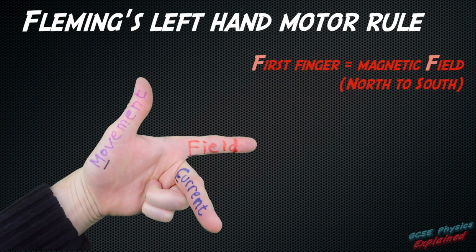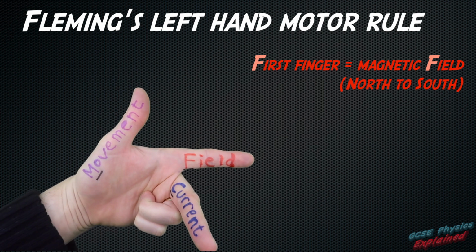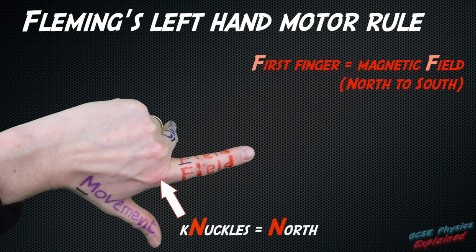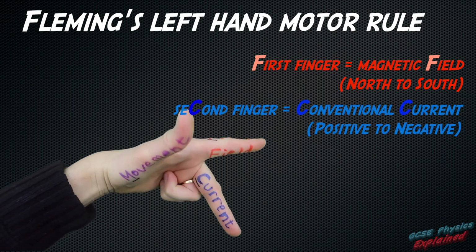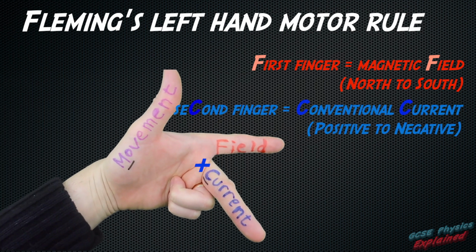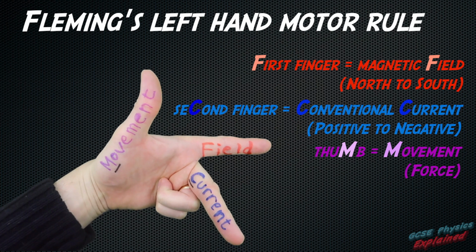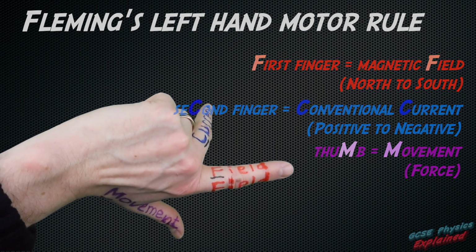Your first finger represents the magnetic field flowing from north to south. Knuckles are north, fingertips south. Your second finger represents the conventional current flowing from positive to negative. And your thumb represents the movement of the wire, which is caused by the force.